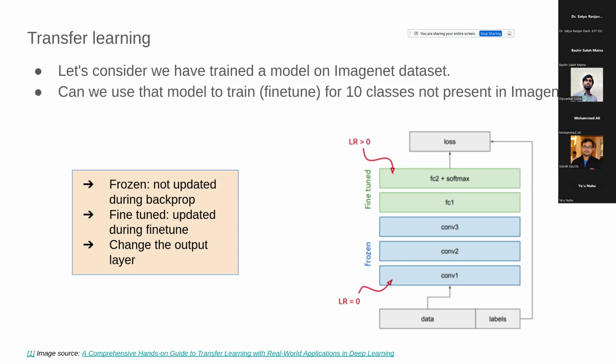So you can freeze these layers and then learn only the last layer, and you get your label for only 10 classes. That way also you can learn that model. So this is called transfer learning.